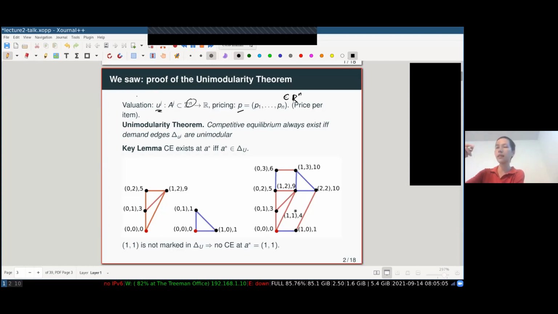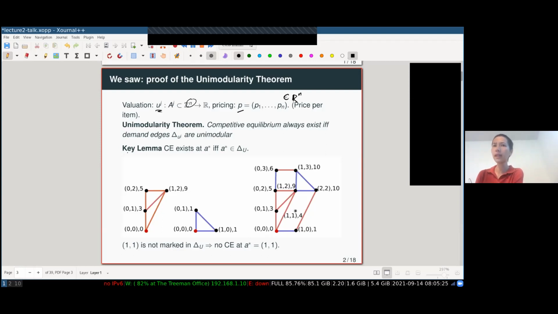So it's a pricing per item. And the unimodularity theorem said that competitive equilibrium always exists at all points if and only if the demand edges in the regular subdivision induced by each of these Uj are unimodular.